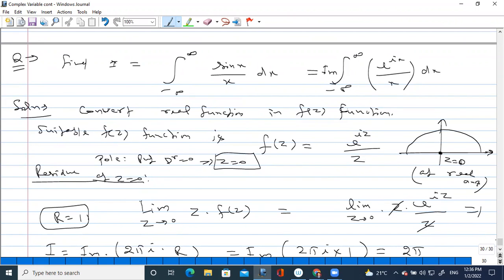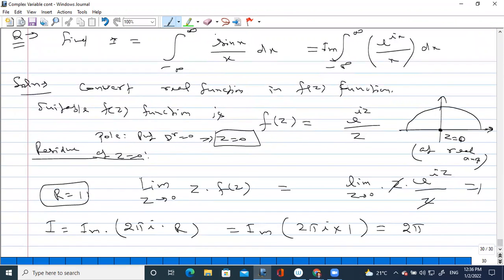So for the real axis, what do I need to take? In place of 2 pi i, I need to take pi i. So this is your answer, pi. Understood? Note it down.